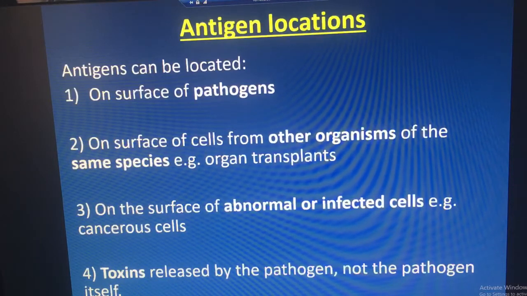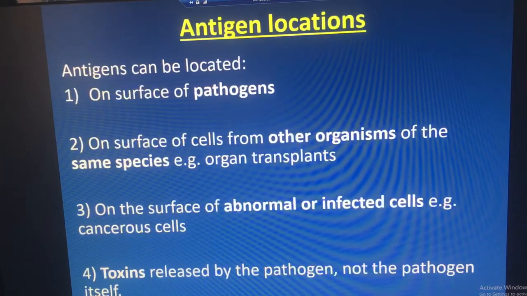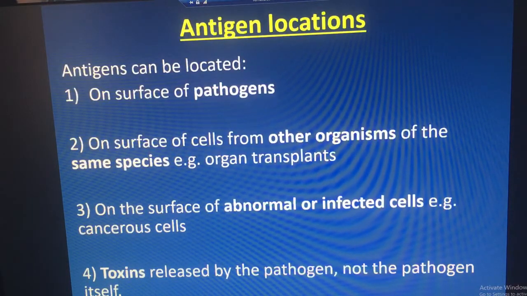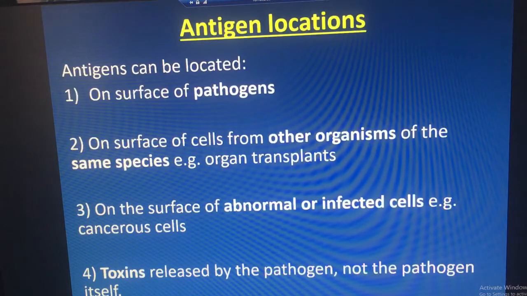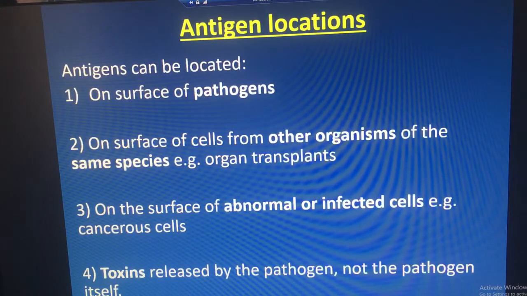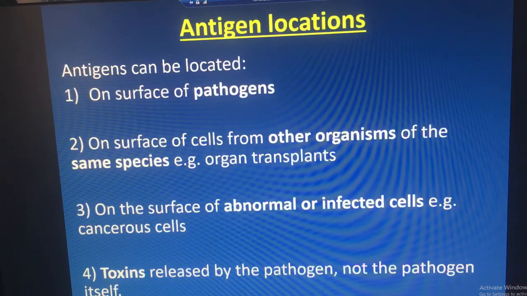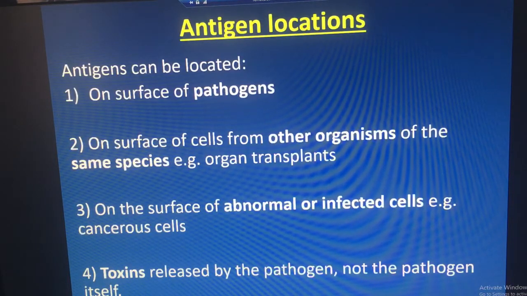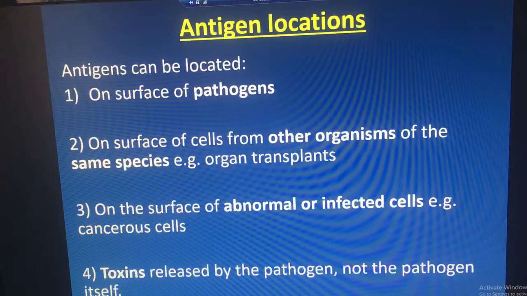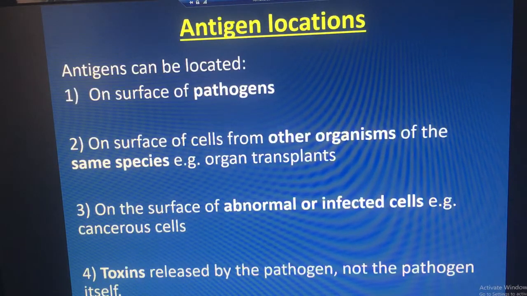So they have to spend their whole life taking anti-rejection drugs to prevent or suppress the immune system from attacking the transplanted organ. We will find that when our cells in our body become infected or become abnormal, maybe due to turning cancerous, then the antigens on the surface of those cells change, and the immune system can recognise those changed antigens and identify that that cell has now become abnormal because it has a different array of antigens on its surface.